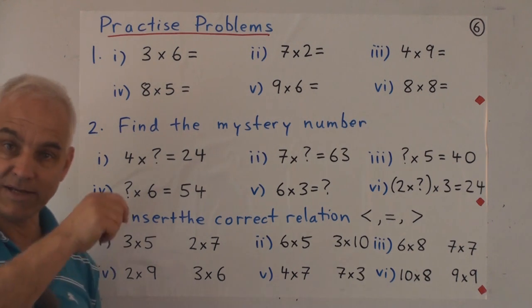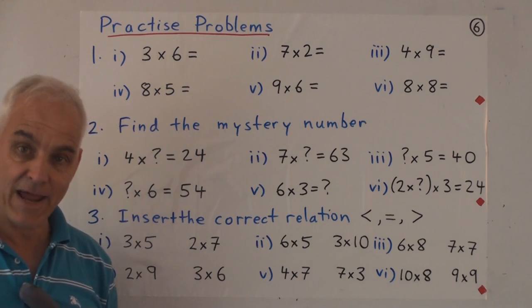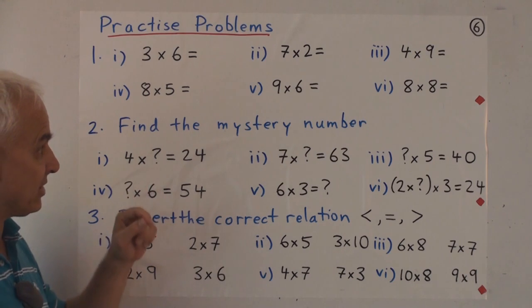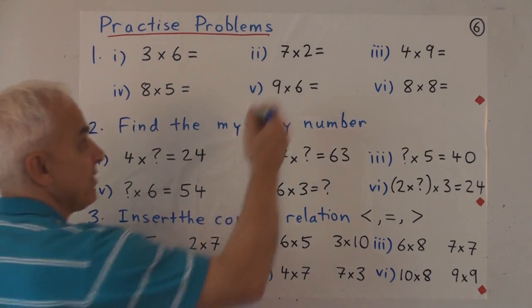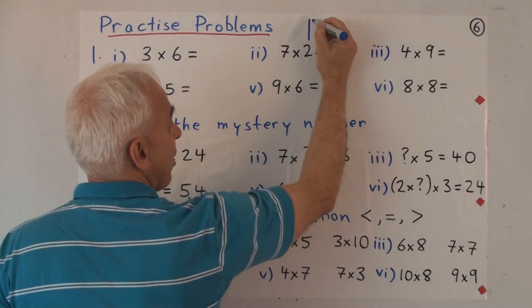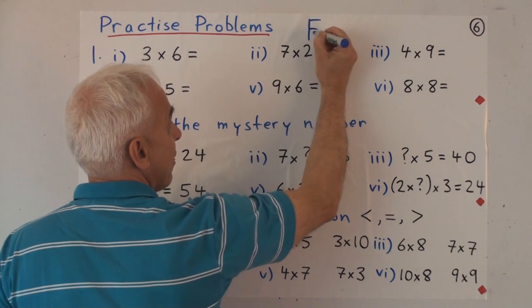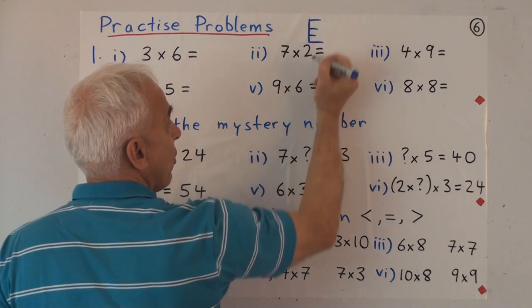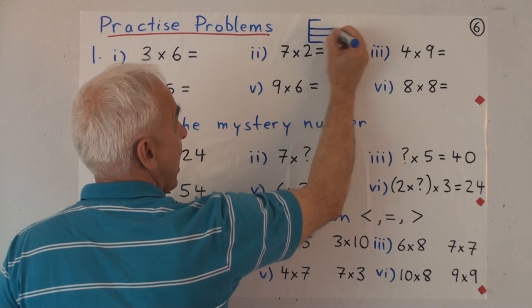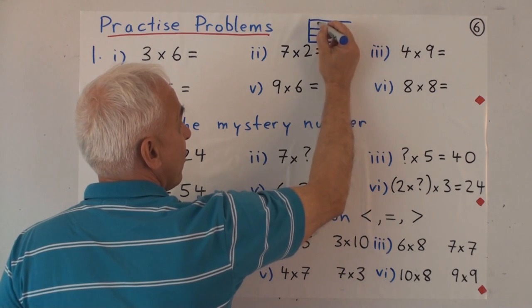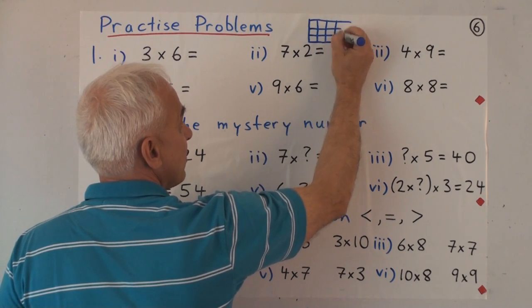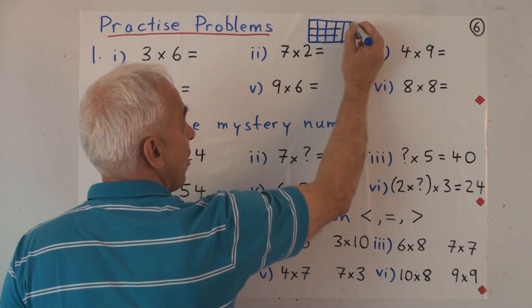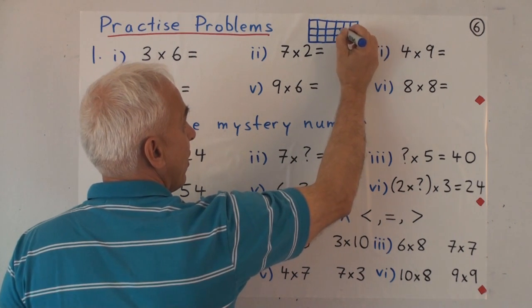One way would be to write down or draw a rectangle of sides 3 and 6. Let's do it right here. Okay, so I'm going to draw a rectangle that has 3 rows and 6 columns. So there's 1 column, 2 columns, 3 columns, 4 columns, 5 columns, and 6 columns.